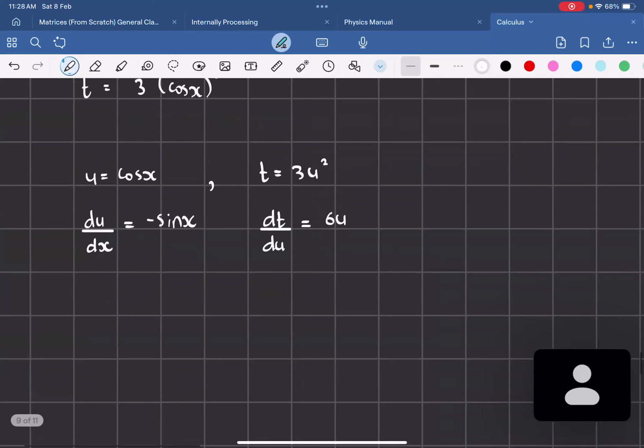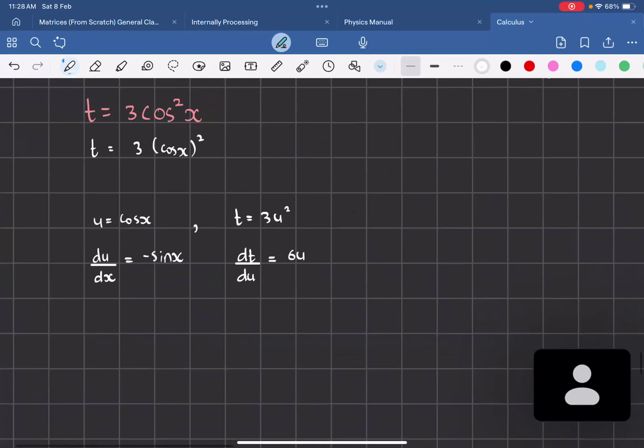And what next? Since we have dt over du, we're multiplying now. Why? Because we had to find dt over dx. How do you know we've got to find dt over dx? Because the original equation was t with respect to x.